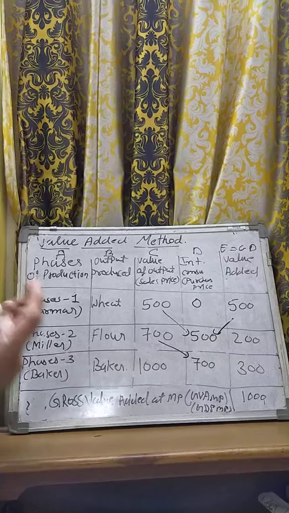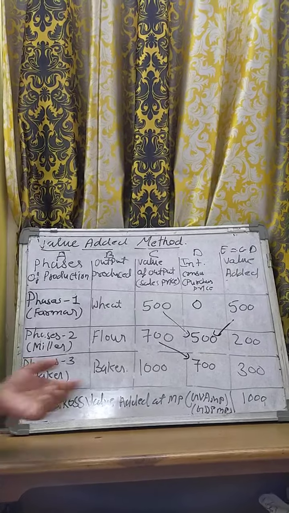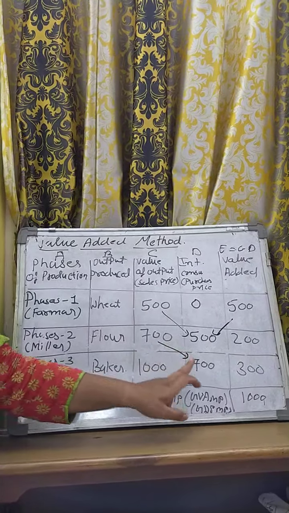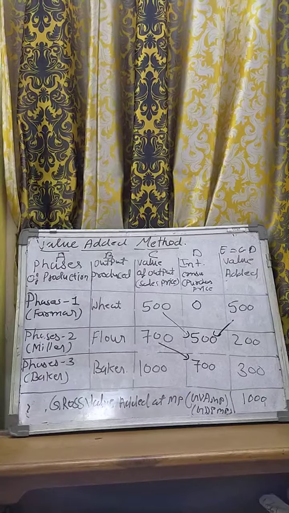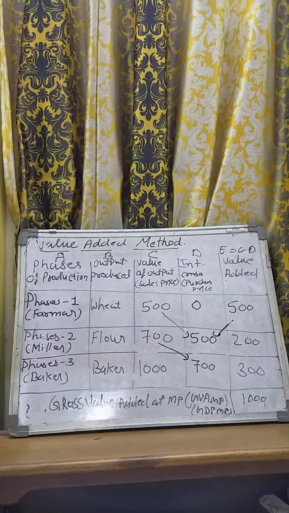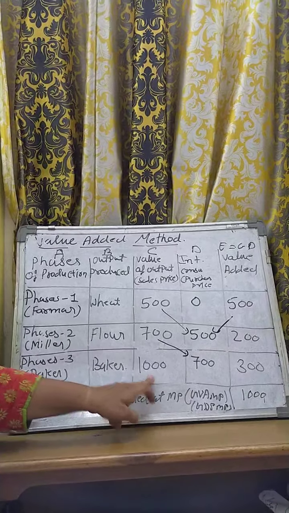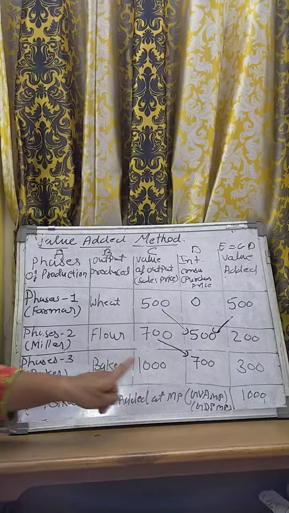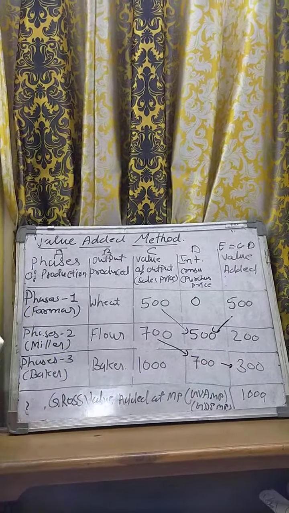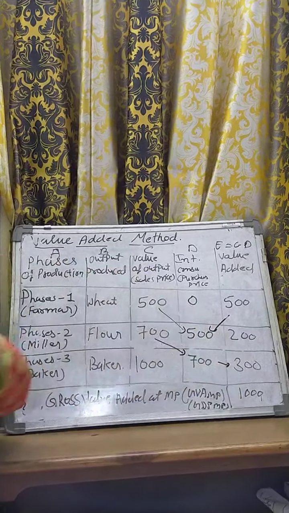Baker may bake cakes, bread, pizza bread also, and that becomes a 1000 selling price. Baker gets the raw material or intermediate consumption from the miller as flour, 700 rupees. Now the baker makes the cake and the cake's selling price is rupees 1000. So 1000 minus 700 means 300. So now in this phase, value added is rupees 300.